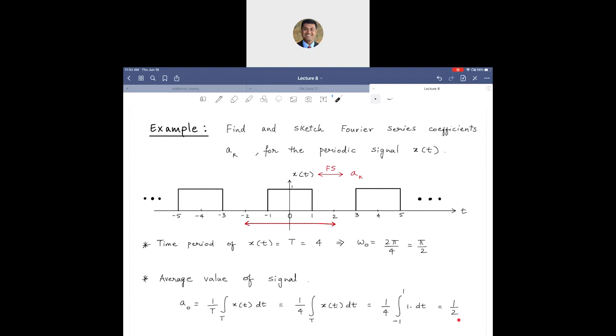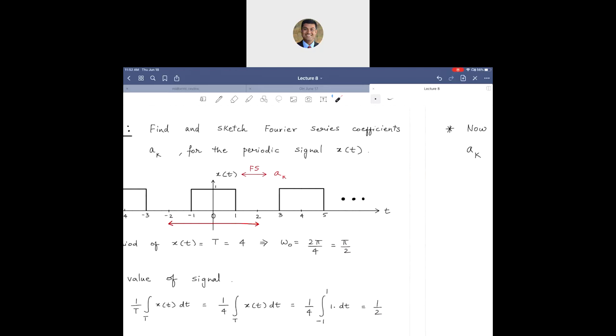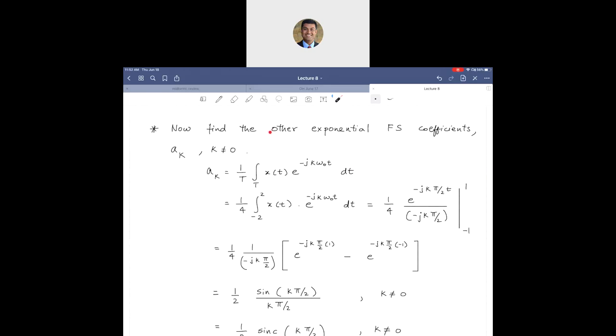Now that you are done with a sub 0, you move on to a sub k in the general form. We'll do it over here. Now we find the other exponential Fourier series coefficients, a sub k when k is not equal to 0. In general, you can say a sub k equals 1 over T integration over one time period x of t e to the negative j k omega naught t dt.